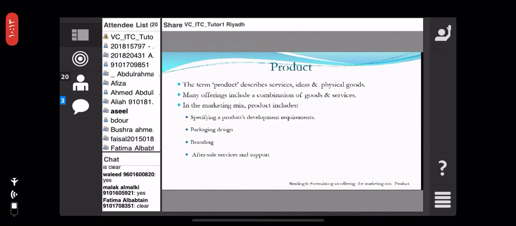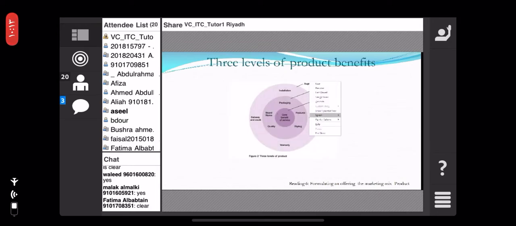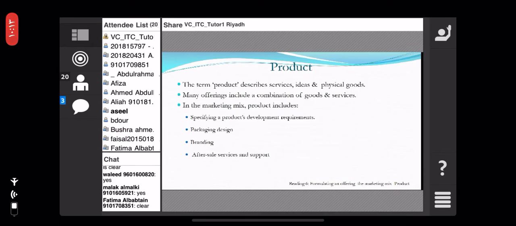Now, let's say, what is a product? The term product describes services, ideas, and physical goods. Why are we using services and ideas and physical goods?